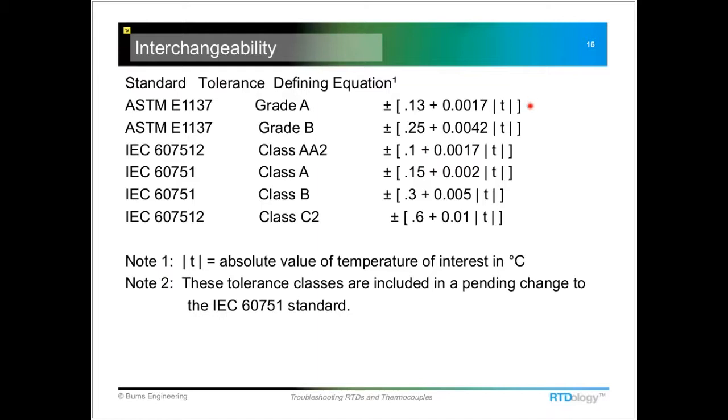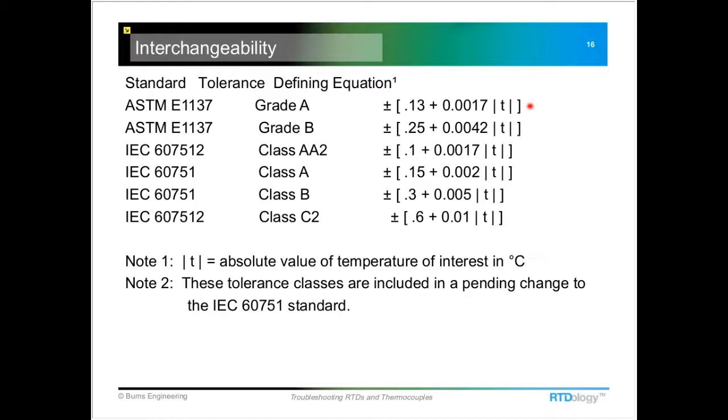For example, if we have an ASTM probe that's grade A, it's plus or minus 0.06 ohms at 0 degrees C. And if we're at 121 degrees C, we plug the numbers in here, and I think we end up with something like plus or minus 0.33 or 0.34 degrees C as the interchangeability. One of the things people ask is, is that the accuracy?